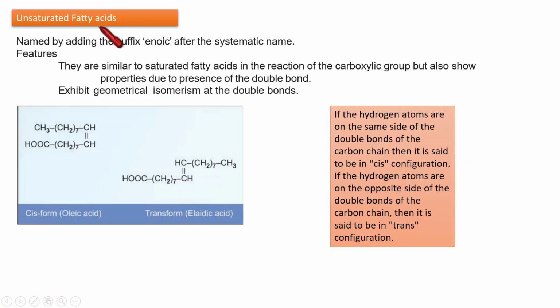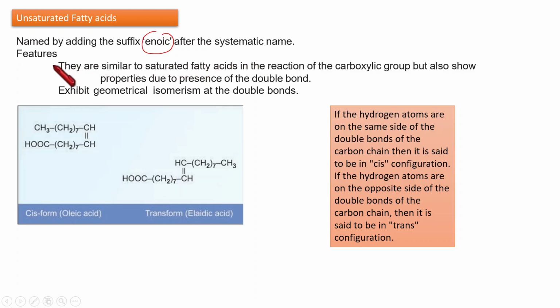Next, we are going to see unsaturated fatty acids. Unsaturated fatty acids are those fatty acids having a double bond in the hydrocarbon chain. We name them by giving the suffix enoic, whereas in the case of saturated fatty acids we give the suffix anoic. Here, enoic comes after the systematic name, which is based on the nature of the hydrocarbon chain.